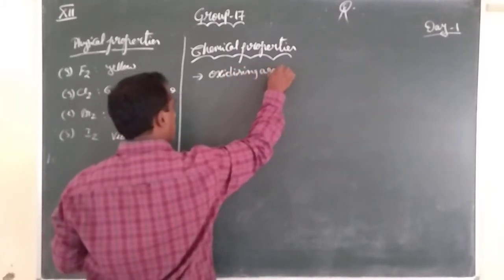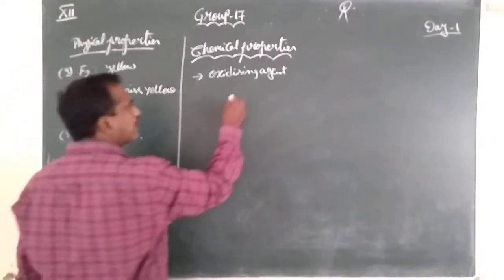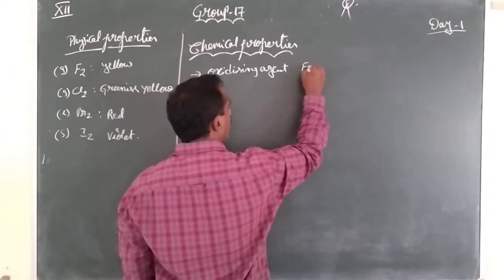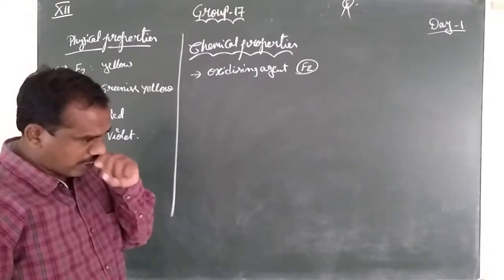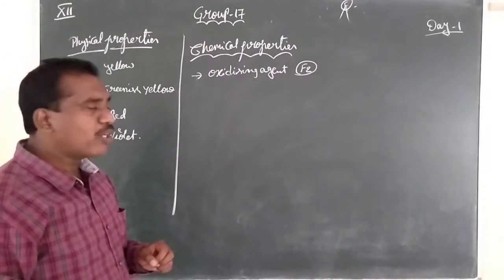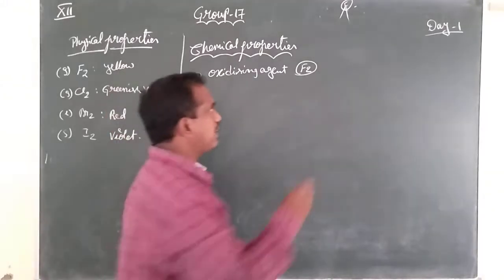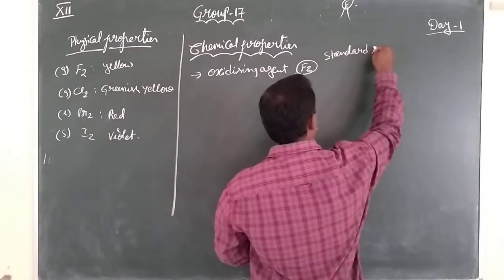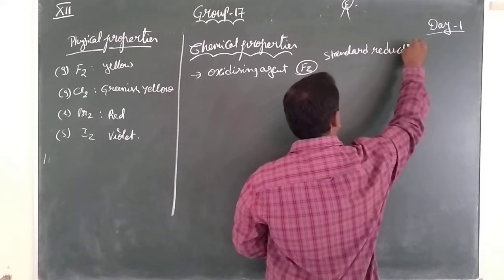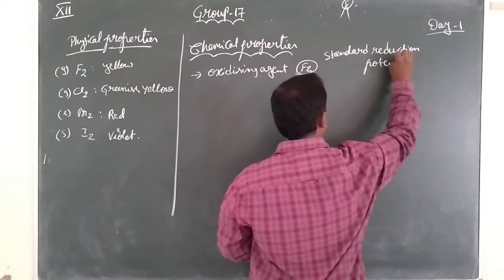Which is the strongest oxidizing agent among all? Fluorine is the strongest oxidizing agent among all the given halogens, because its standard reduction potential is very high.